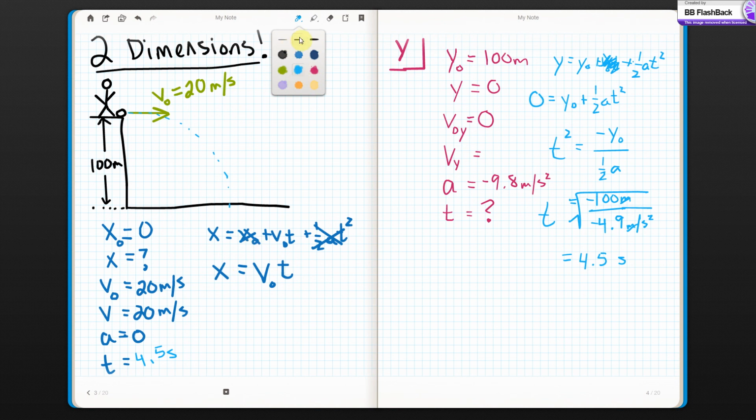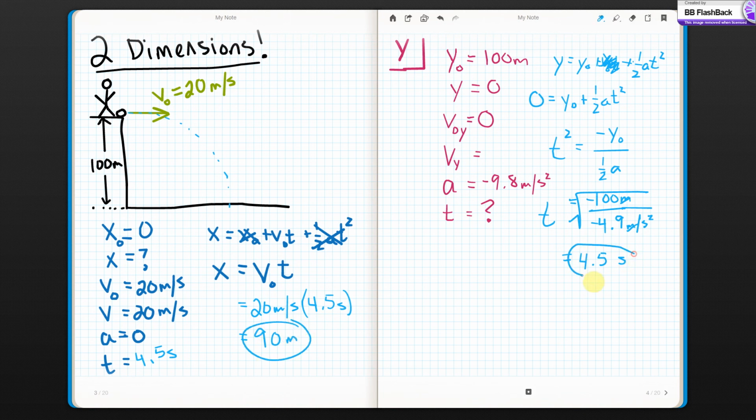Okay, so I get 20 meters per second times 4.5 seconds, and that gives me 90 meters. We can also at this point find things like what was its velocity when it hit the ground, but we'll do that one at a later time.